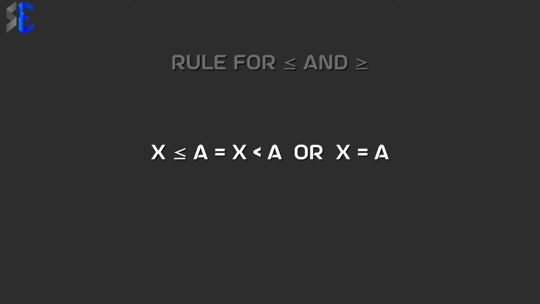And if you think about it, let's represent x as being 3 and a as being 5. So let's go ahead and draw a number line. You have 3, 5. You have your line. So what we're saying is that 3 is less than or equal to 5.